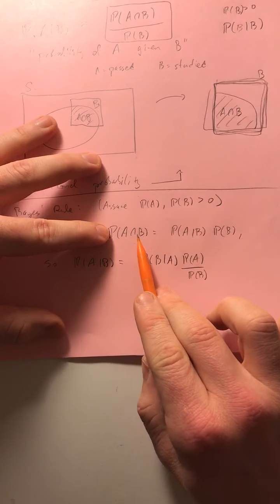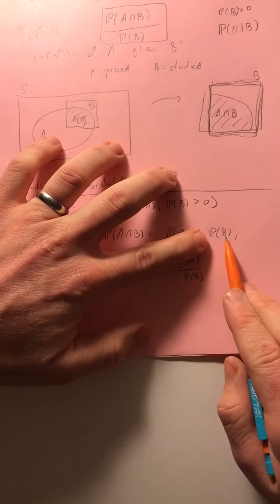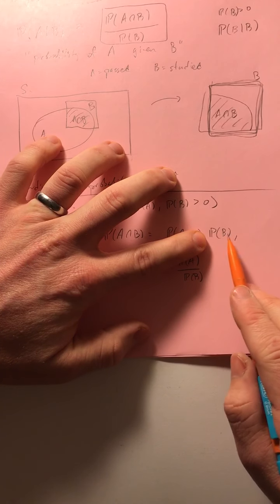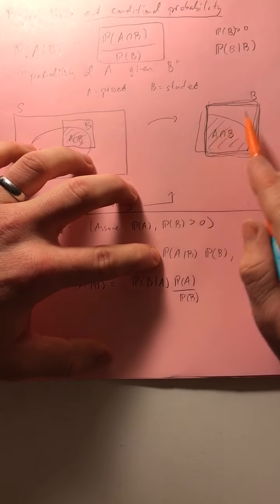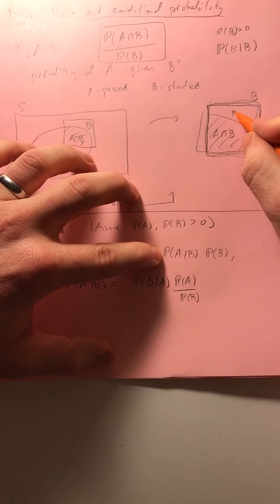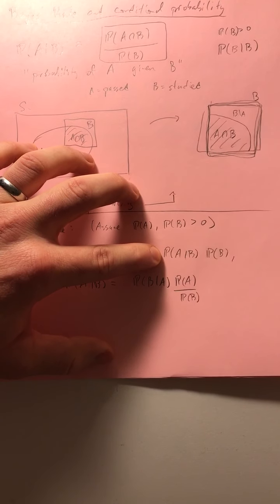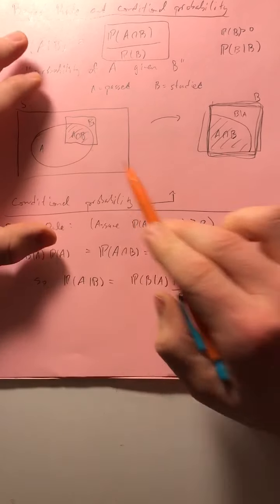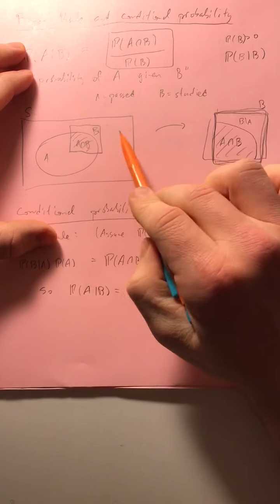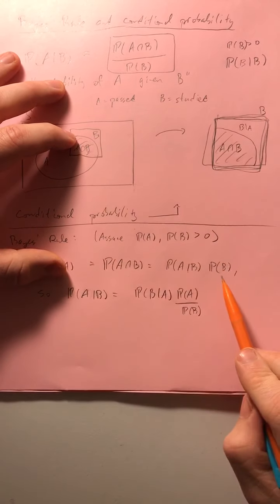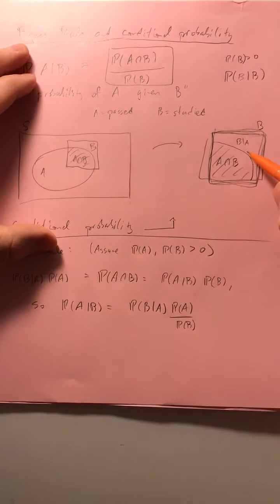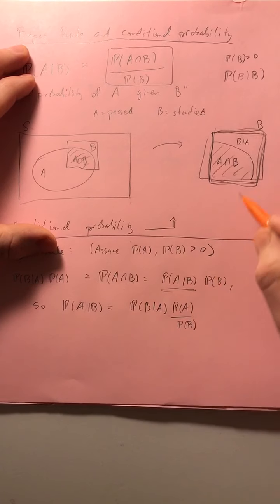The probability of A intersect B is, well, the probability of B, choosing B or not B in stage 1, and in stage 2 I zoom in on B and choose A intersect B or B take away A. So in stage 1 I choose to be inside or outside of B, and I'm inside with probability P of B. Once I do that, I choose to be either in A intersect B or not, and that happens with this probability, given that I chose to be inside of B in stage 1.